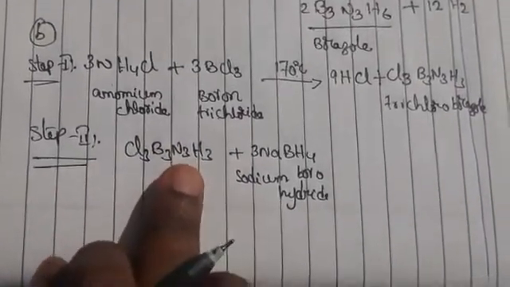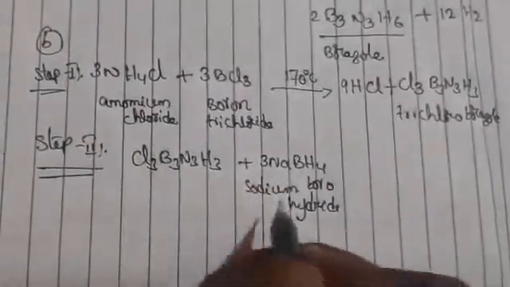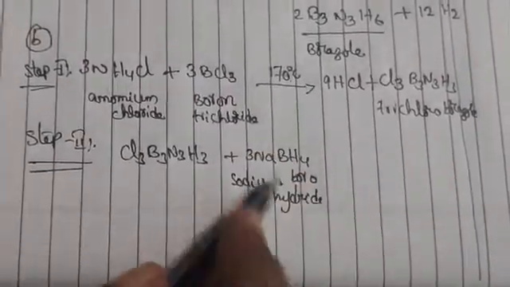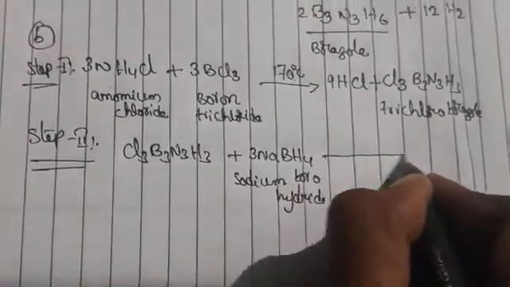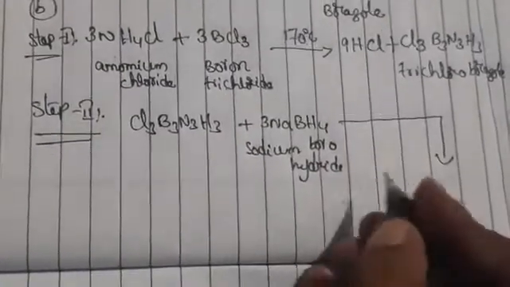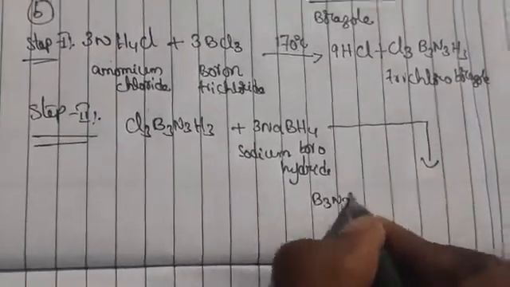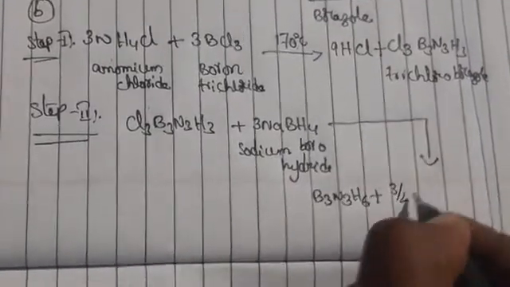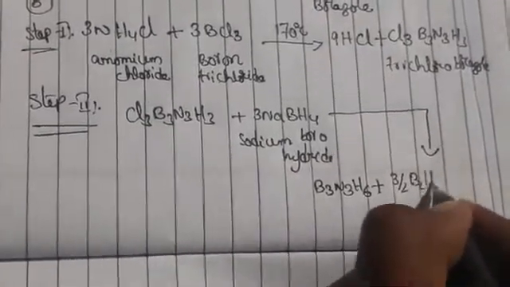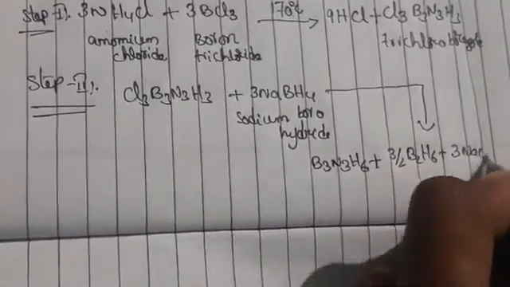Then it is reduced, so we are adding hydrogens, and two products are formed: B3N3H6 is one product, and 3/2 B2H6 is another, along with 3 NaCl.